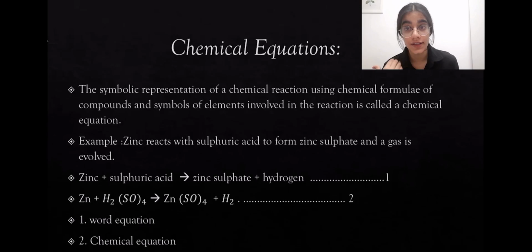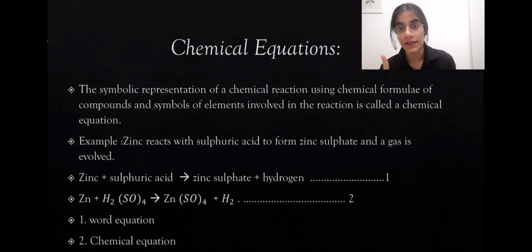The reaction is proceeding towards the formation of zinc sulfate, represented by ZnSO4 as given in the slide, plus H2. Now, zinc, Zn, and sulfuric acid are the reactants, and the formation of zinc sulfate and hydrogen are the products.